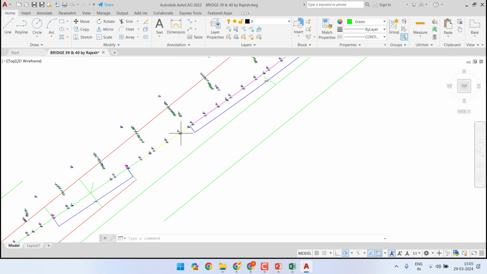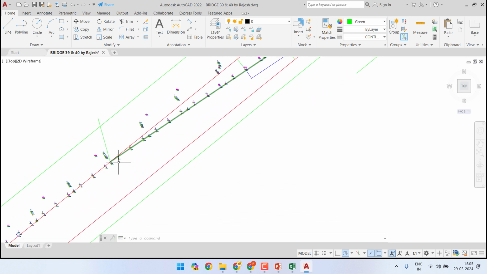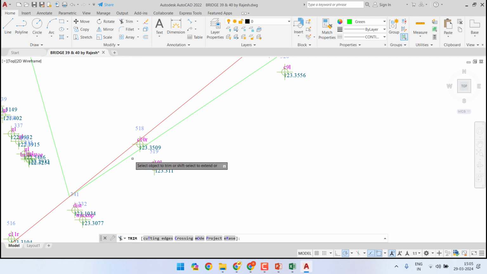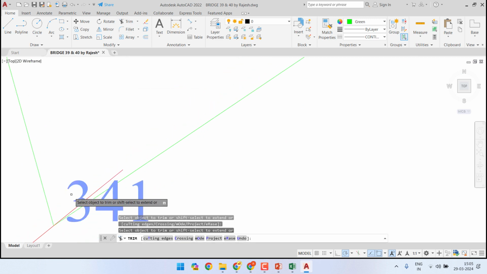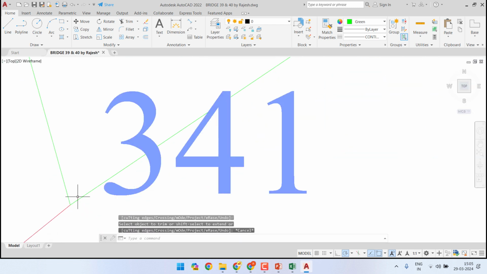Before we make any changes, let us draw the reverse curve, the curve for the second part, for which we have this as the terminal tangent and this as the terminal tangent. First, before we do, we will trim it here at the intersection. Alright, so this is the first, this is the second tangent.